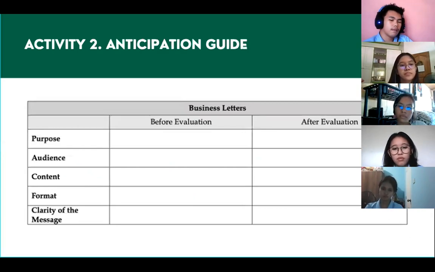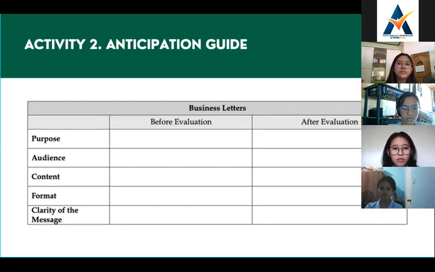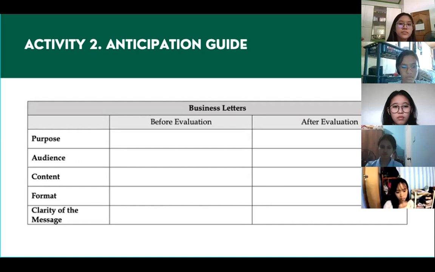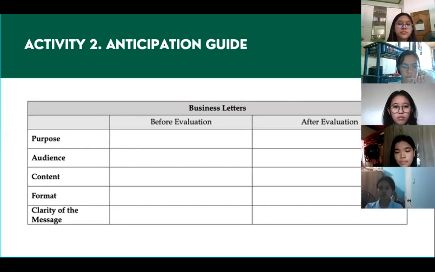And that is one of the examples wherein we use business letters in our dealings as a normal person. Okay, now in activity number 2, I ask you to complete this matrix wherein you're going to evaluate before reading those business letters and the discussion in the delivery part. I ask you to guess the purpose, audience, content, format, and the clarity of the message of a business letter.